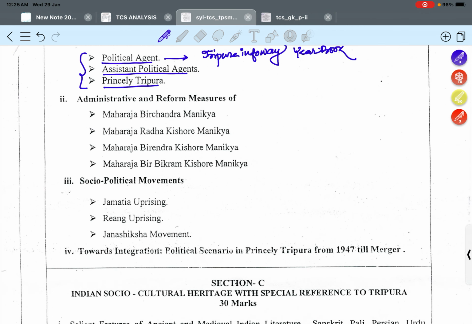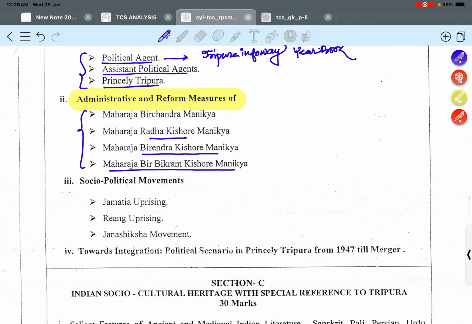Next are the administrative and reform measures of the modern kings. There are four modern kings of Tripura: Maharaja Birchandra Manikya, Maharaja Radha Kishore Manikya, Maharaja Birendra Kishore Manikya, and Maharaja Bir Vikram Kishore Manikya.